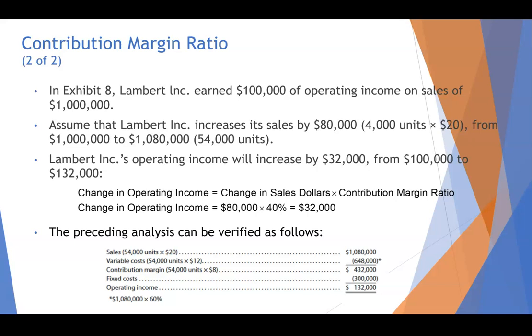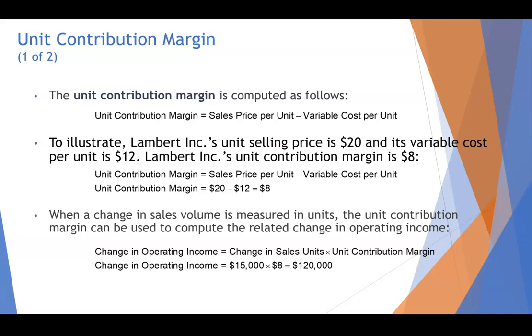Changes in operating income will equal changes in the sales dollars times that contribution margin ratio. So since sales went up 80,000, if we take our contribution margin ratio of 40%, we know the operating income then increased $32,000.